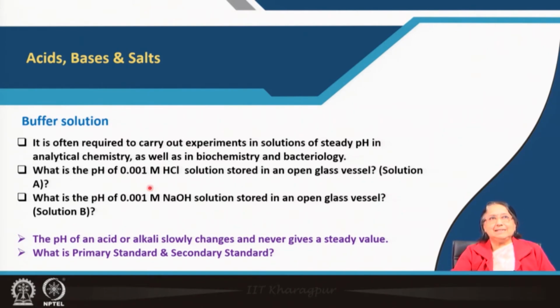If that is the case, then the pH of solution A, if I calculate it, is minus log of 1 into 10 to the power minus 3, which is nothing but 3. That means pH will be 3.